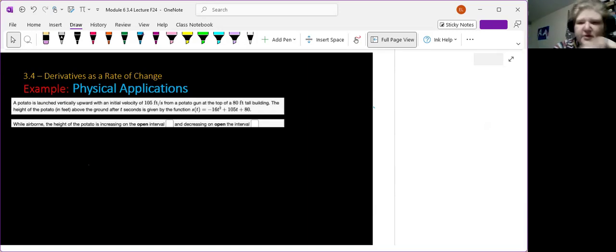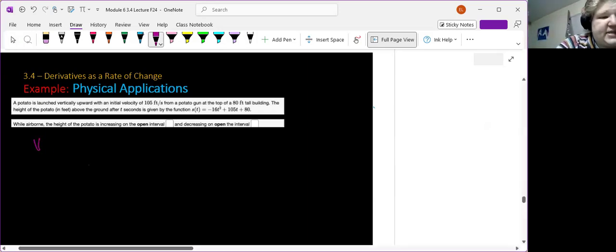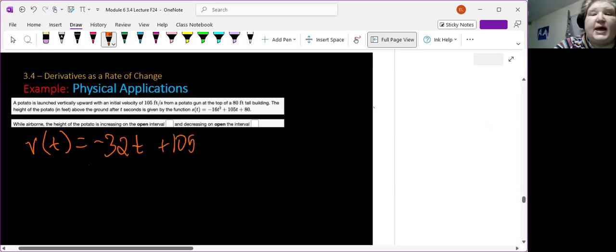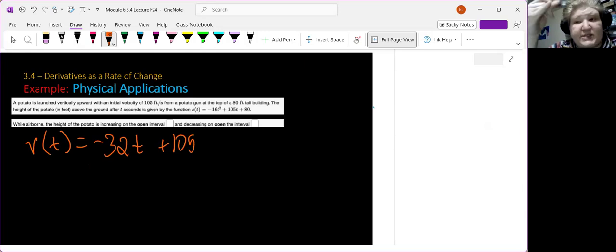So our split point here is when is the velocity zero? So we're going to take our velocity function, which was negative 32t plus 105. And we are going to figure out where it changes direction. All right, so we know from before at 0.5, it's going up.